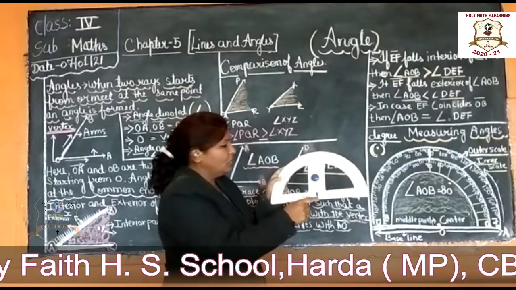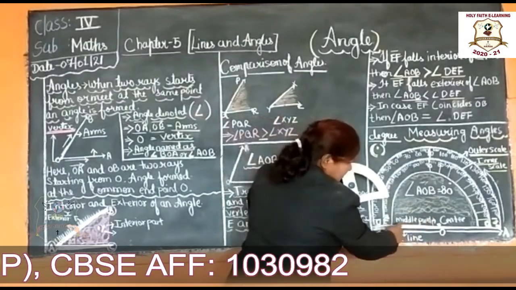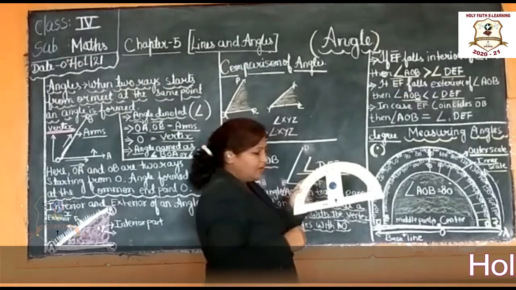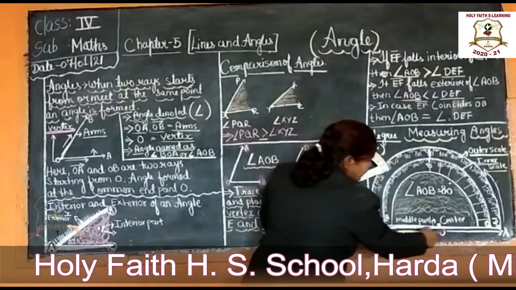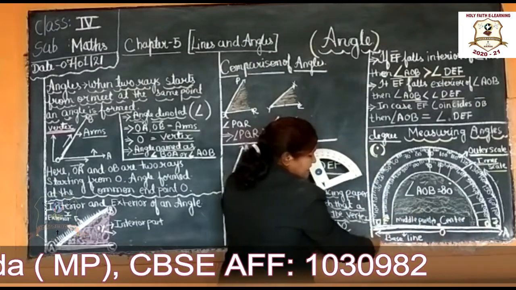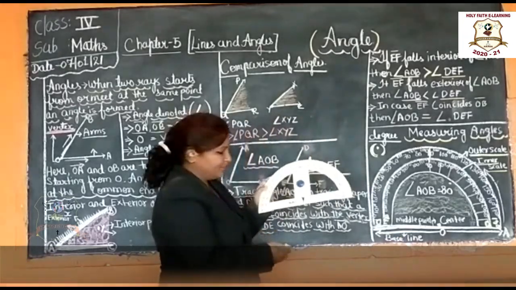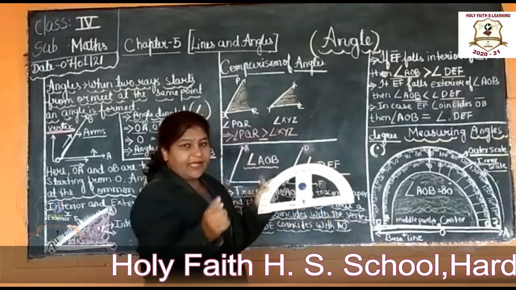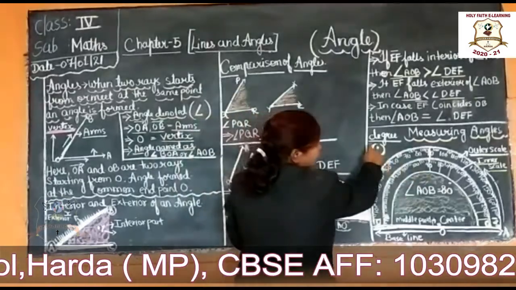We call the middle point the center. Here you can see one horizontal line, this is the baseline of the protractor.